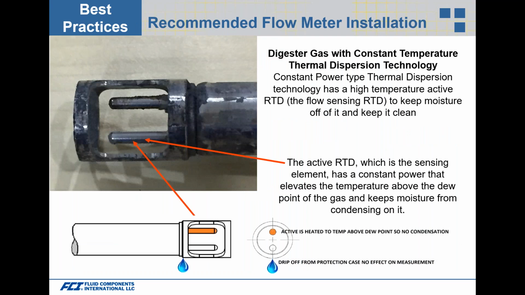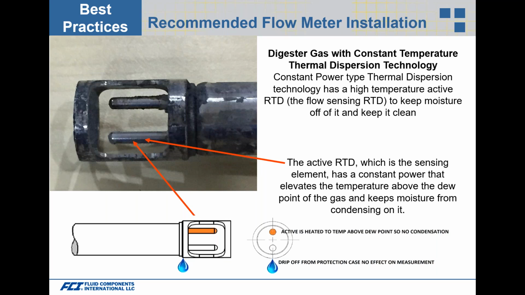One of the things to keep in mind also is there's 2 types of thermal dispersion technology. One is constant temperature, and the other one is constant power. The constant temperature tends to have some issues with the biogas, the digester gas, because biogas is pretty wet and it does have a lot of debris in it.